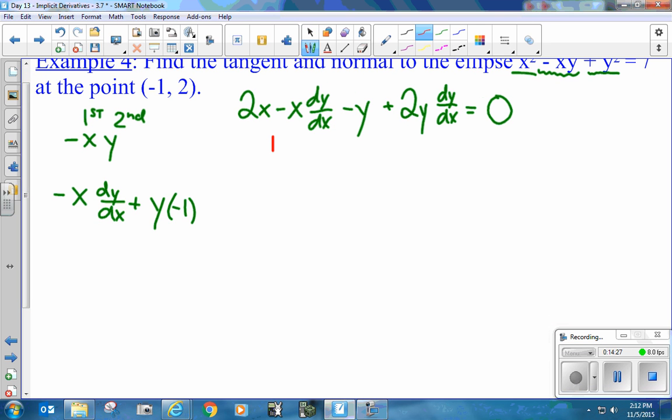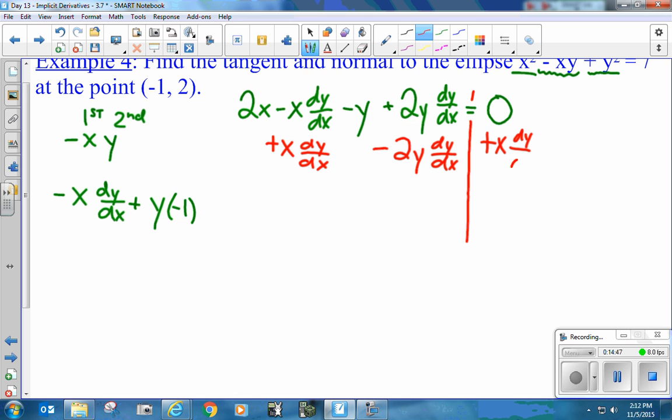Let's add an x dy dx, and let's subtract a 2y dy dx from both sides. There's my split. Oh gosh, plus x. You see why I like to do y prime sometimes instead of dy dx? Dy dx and minus 2y dy dx.